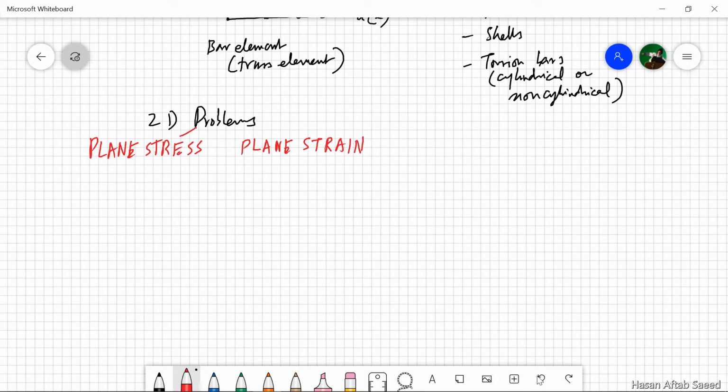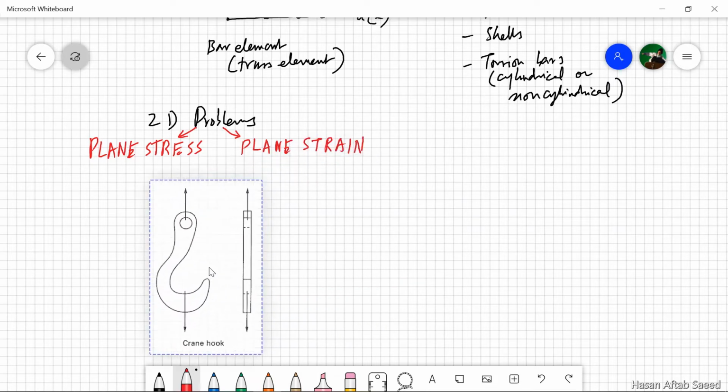I won't be going into too much detail here. You're familiar with these from your solid mechanics course. I'll just stress one or two important points which have a bearing on our FEM analysis, especially discretization. This is a thin object. The loading details and the geometrical details, they are all in one plane.